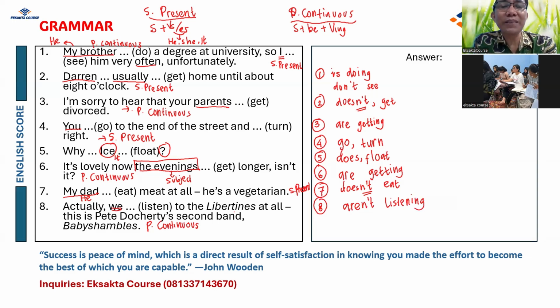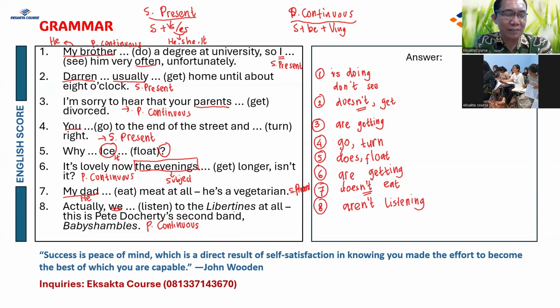To be uses are. For number eight, the answer is aren't listening. That is it for one until eight. I hope that was a success.